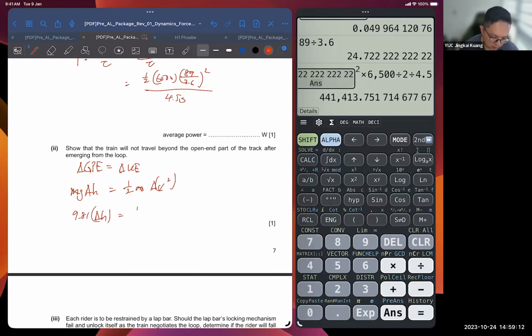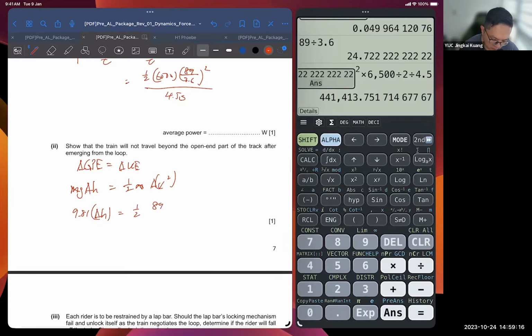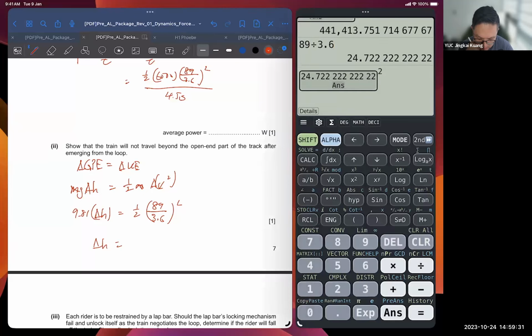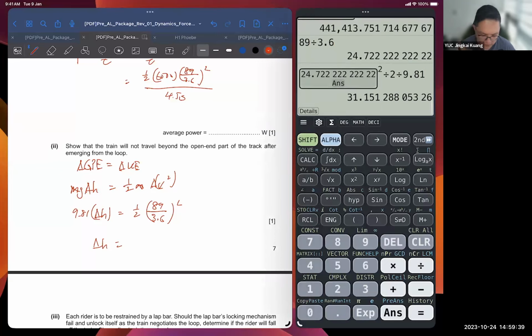Then you're going to do half v squared. Half of 89 over 3.6 squared. Then check what the delta h is. So this is 89 divided by 3.6 whole thing squared, then divide by 2, divide by 9.81. You get 31 meters.